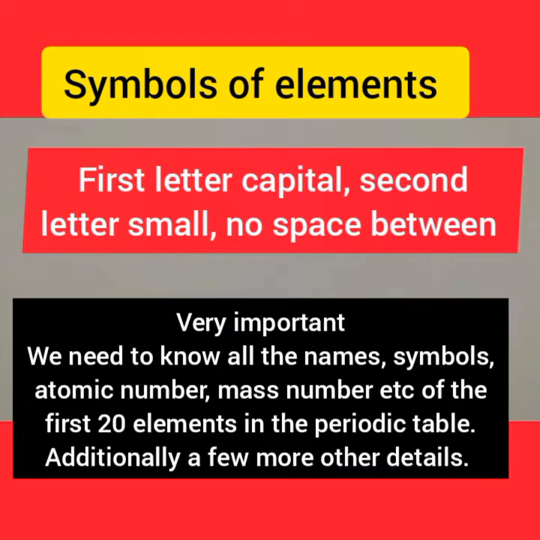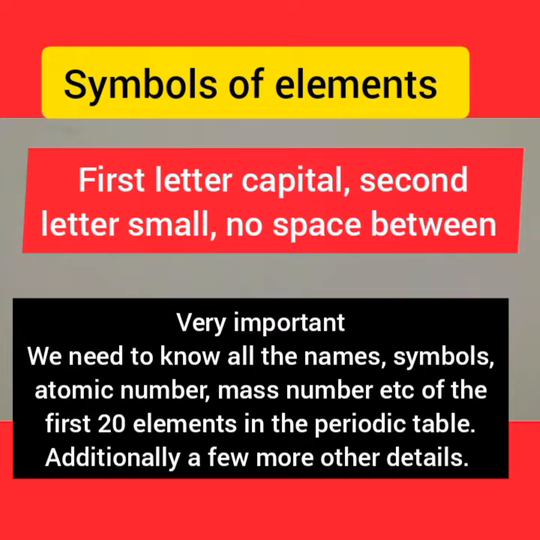One more difficulty is that most of those names of elements are not English. Many of them have come from Greek, Latin, German, those types of languages. For example, iron, actually it is I-R-O-N. If we had to write it in English, it should have been capital I and small r.